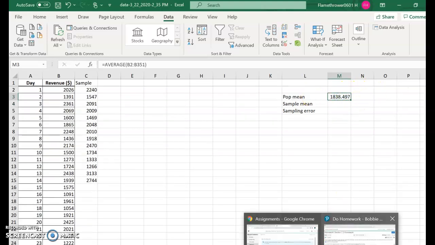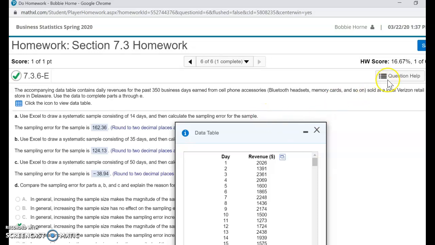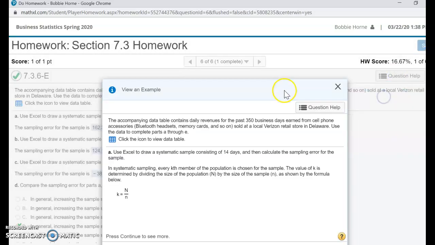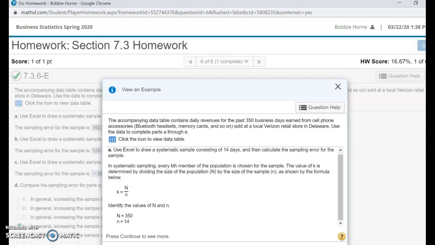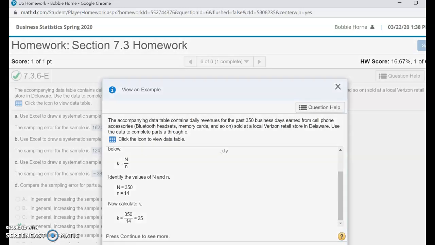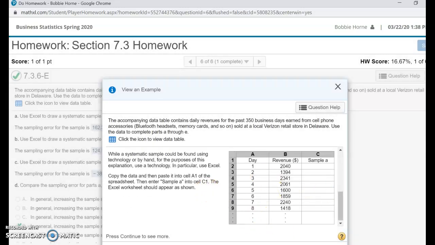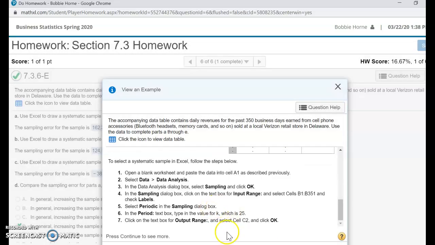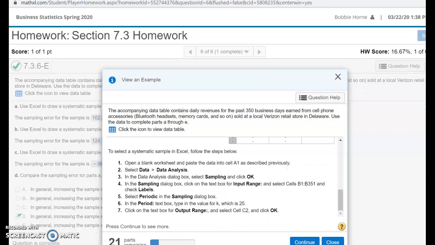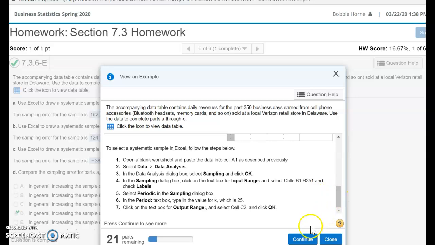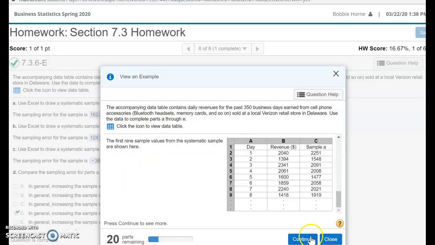Now, your View an Example always tells you what to round to. If you keep pressing Continue, it also tells you how to do this in Excel.